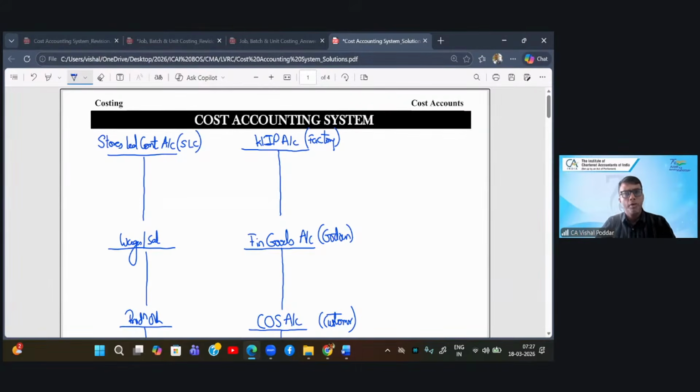So in our words, what is material? Material expense or material cost is in cost accounting called as the stores ledger control account. First, be comfortable with this name.